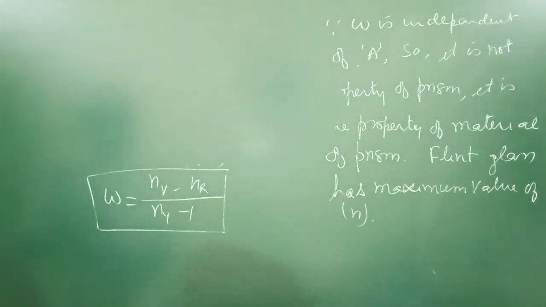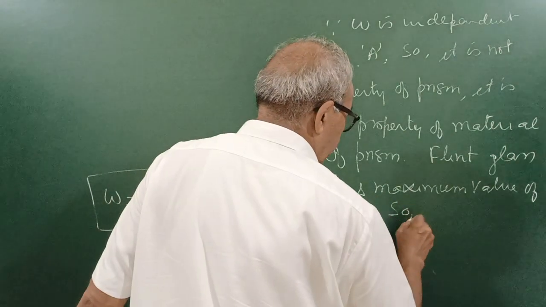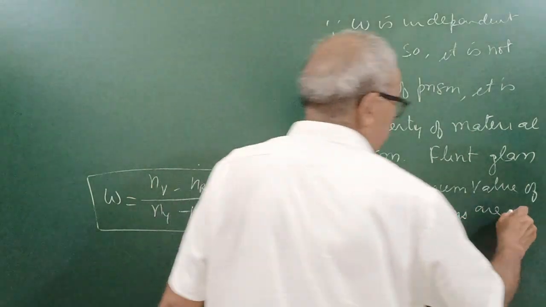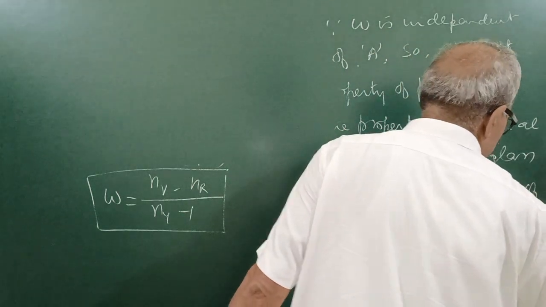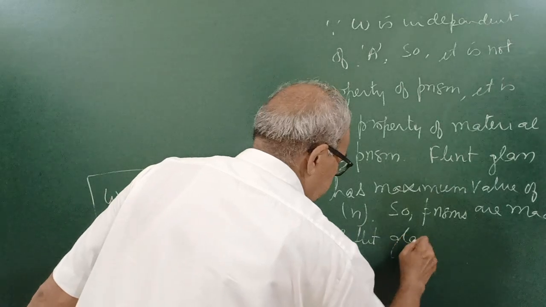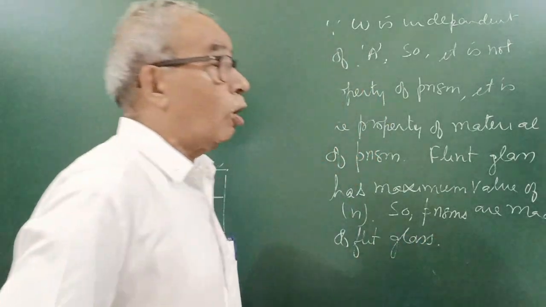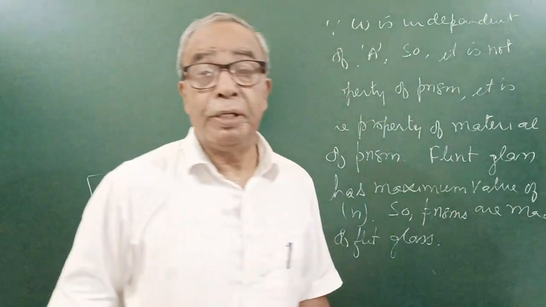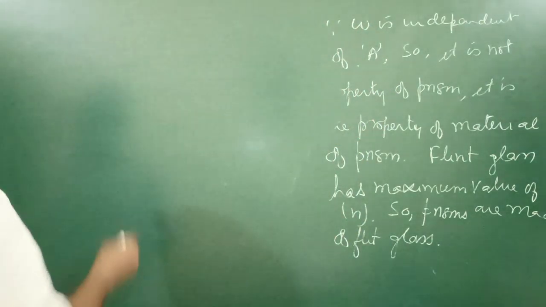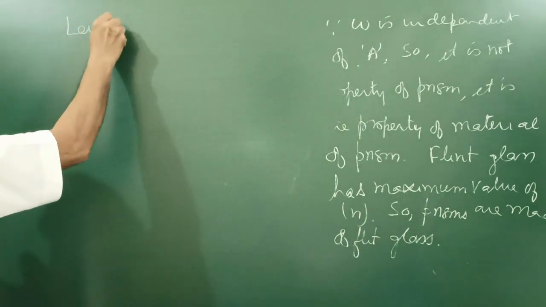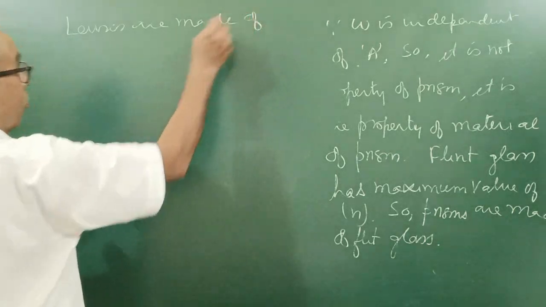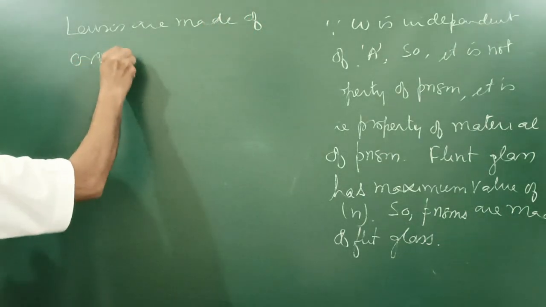So prisms are made of flint glass, and lenses are made of crown glass, because in lenses we don't want dispersion.